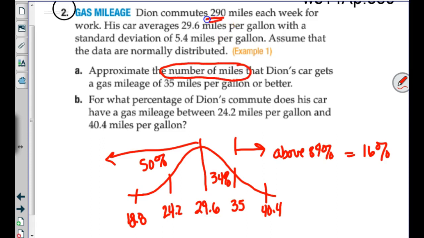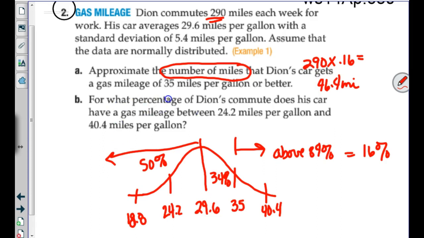So if he's driving 290 of those miles, 16% of them, somebody give me that number. Should be around 40 something. So out of the 290 miles that he drives each week, about 46 of them, he's getting better than 35 miles to the gallon, okay?